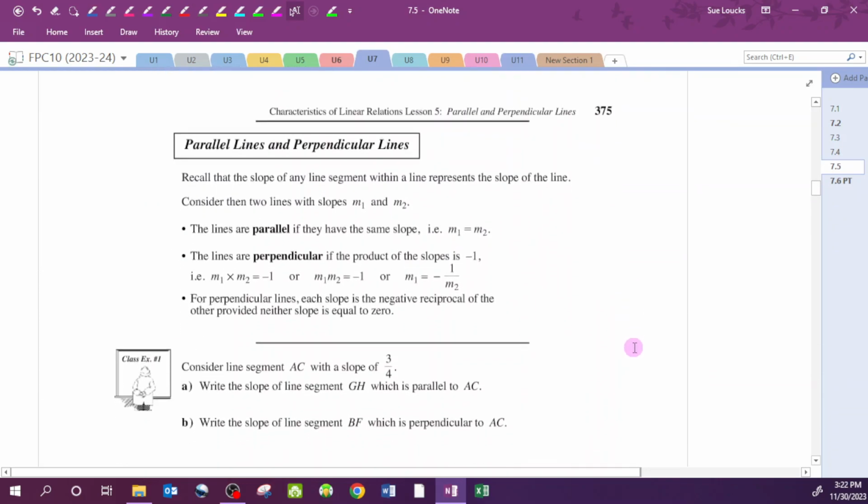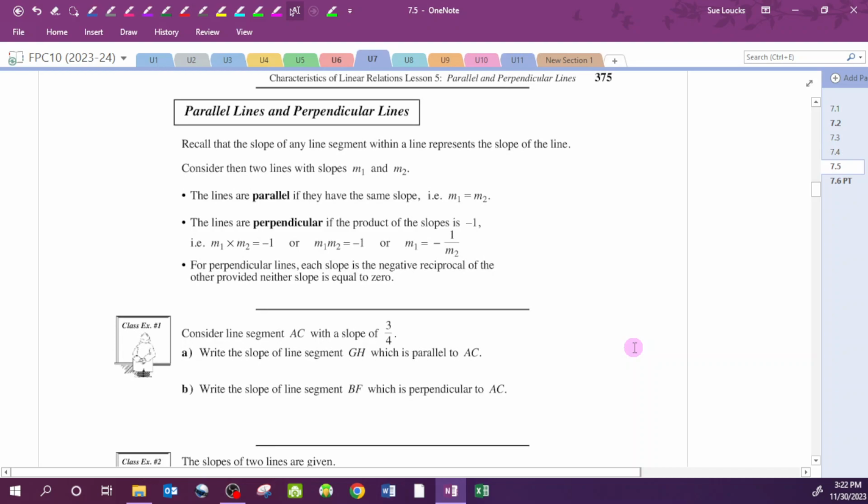Okay, so recall that the slope of any segment within a line is the slope of the entire line, because we're only talking about same slope, straight lines. So they're parallel if they have the same slope. If m1 equals m2, they're parallel. And they're perpendicular if the product of the slopes is -1. Okay, so there's 3 different ways that you can write that.